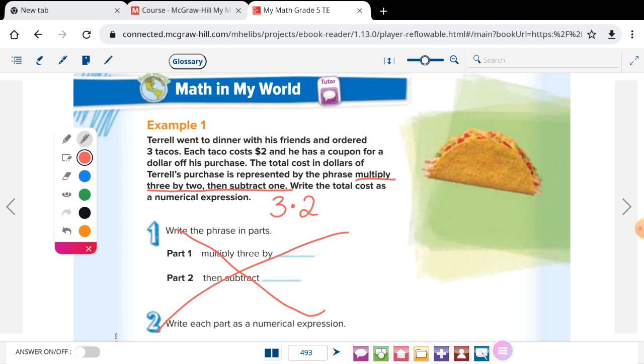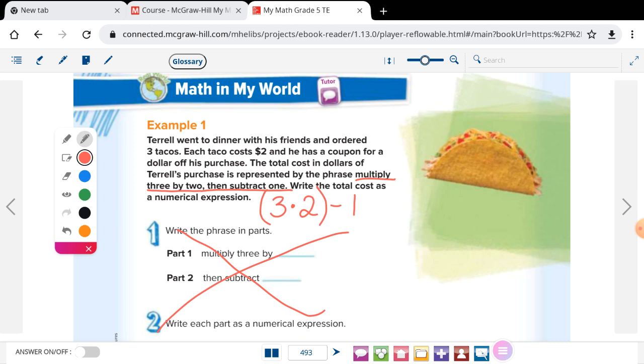Then subtract 1. Abby, what does that look like? Minus 1. Now, since it's saying then subtract 1, what does that tell me I have to do first? 3 times 2. What can I do just to make sure everybody knows to do that first? Lori? Add parentheses. Yeah. I can put parentheses around it. I suggest it.